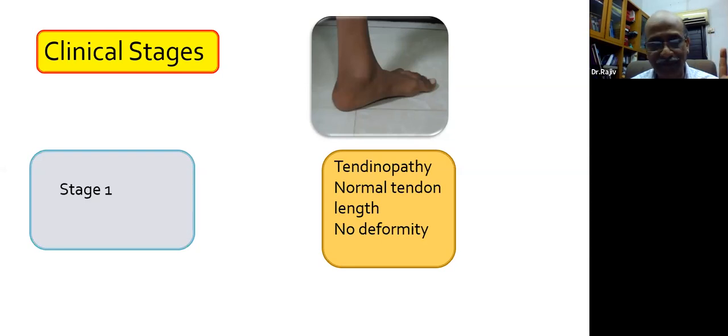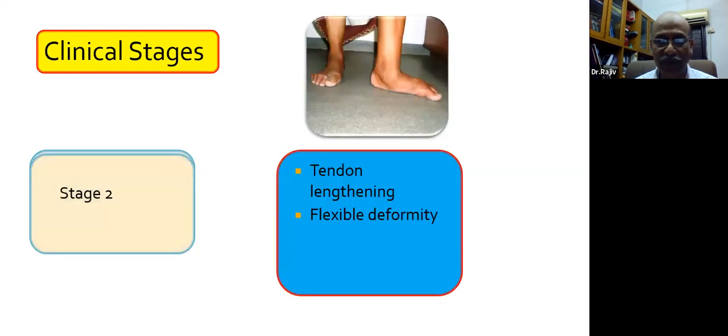Stage 1 of the flat foot is where you have tendinopathy of the tibialis posterior tendon. Otherwise, the tendon is not elongated, nor has the tendon ruptured, and there is no deformity. So this is stage 1. The picture demonstrated here is the stage 1 flat foot picture.